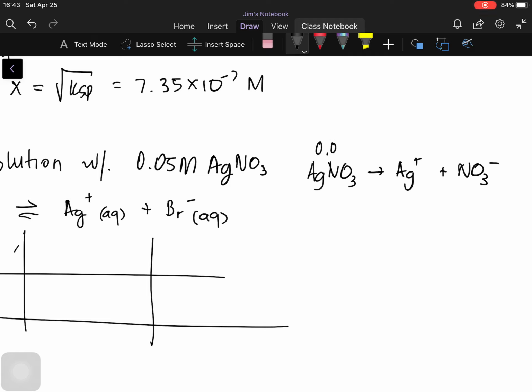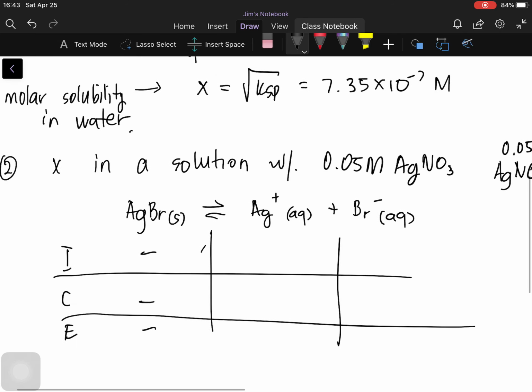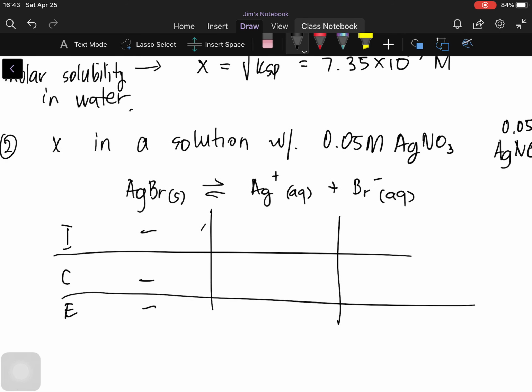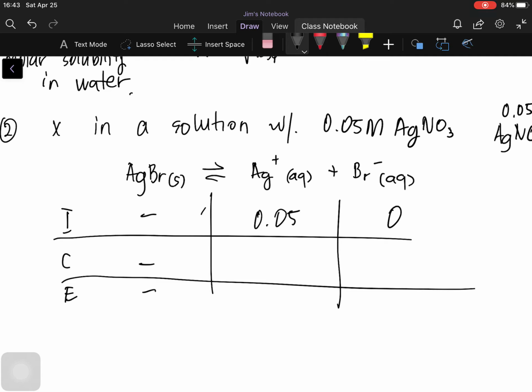So we have 0.05 concentration for that. Stoichiometrically, this is also 0.05 molar. Same goes for this one as well. That means the initial concentration for the silver ion in our system is already 0.05 molar. We don't have any for the bromide ion, so that is still 0.